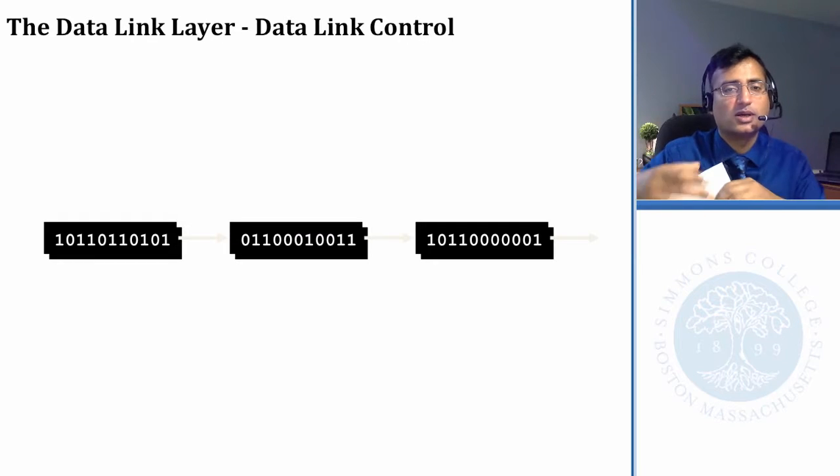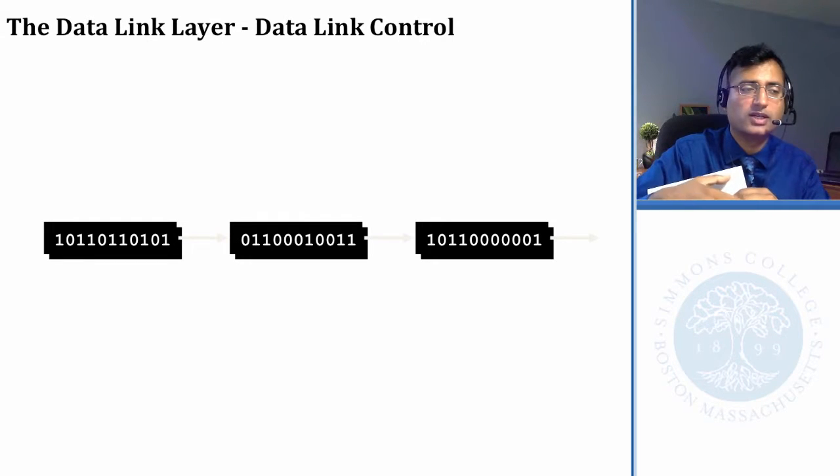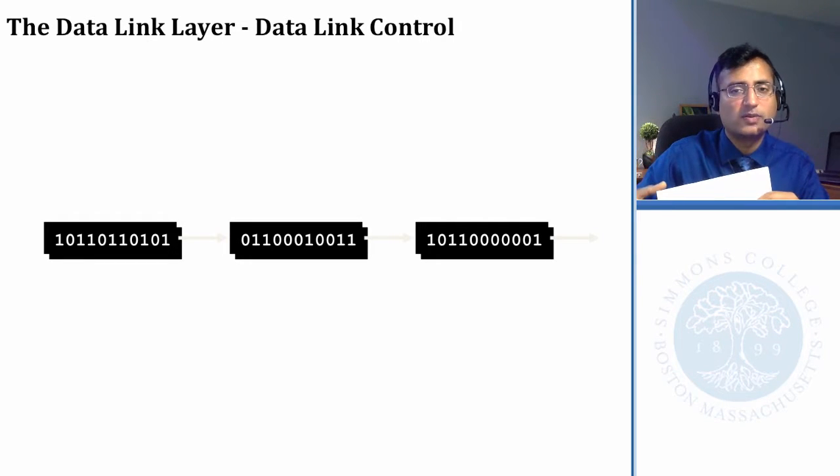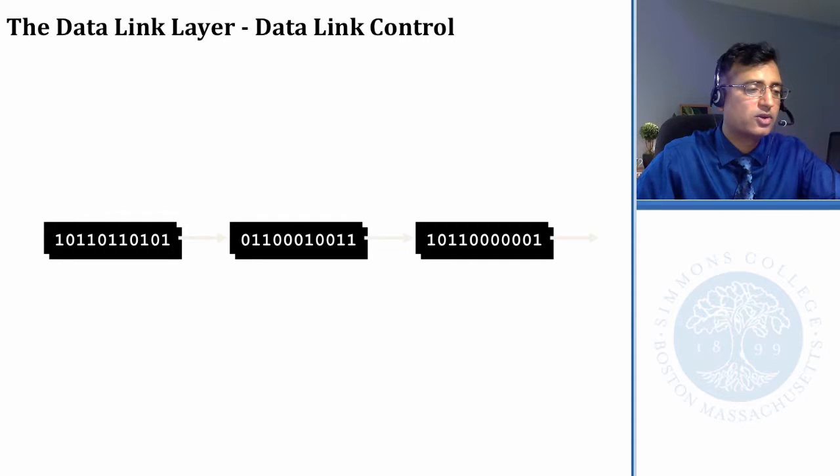Then it attaches bits at the beginning, called header bits, and bits at the end, called trailer bits. And it is also concerned with adding the addresses for where the packet needs to go. So the data link layer takes raw transmission and transforms it into a line that appears free of transmission errors to the network layer. And you'll also find smart devices such as switches in the data link layer.